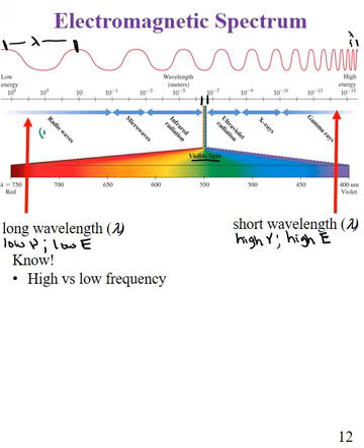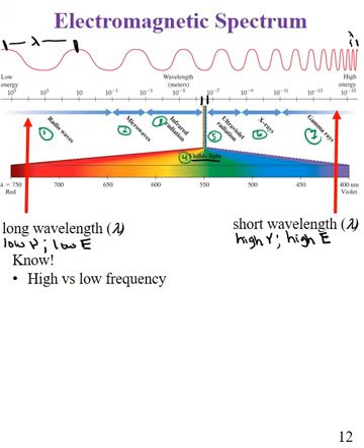We have radio waves. That is the first type of electromagnetic wave. The second one are microwaves. Third, infrared. Fourth, visible. Fifth, UV. Sixth, X-ray. And the seventh one we can have are gamma rays. So gamma rays are going to have that highest frequency.